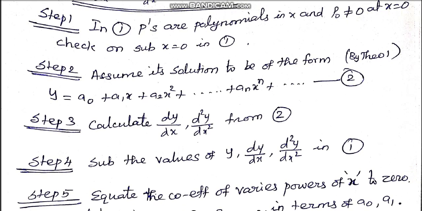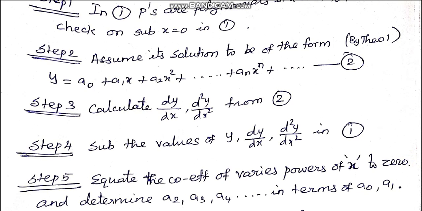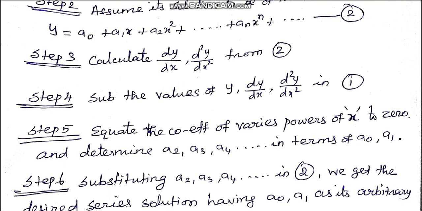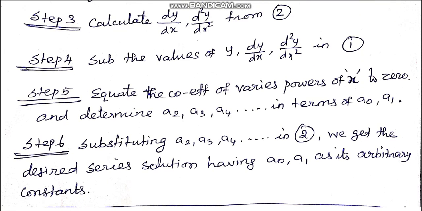Step 3, calculate dy by dx and d square y by dx square from equation 2. Step 4, substitute y, dy by dx, d square y by dx square in the given equation 1. Step 5, we can calculate the values of a2, a3, a4, etc. in terms of a0, a1 on equating various powers of x.